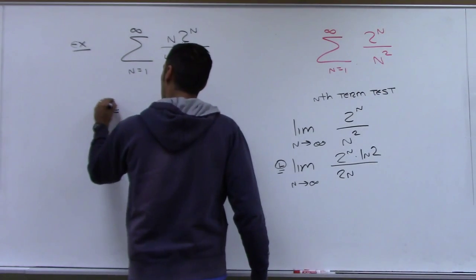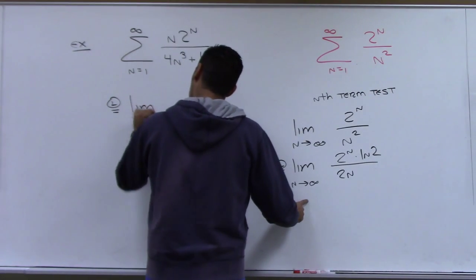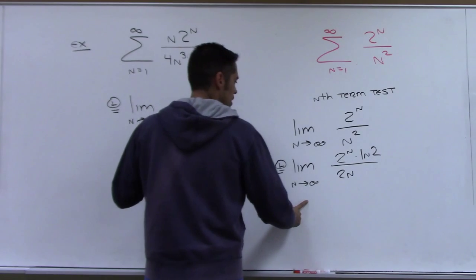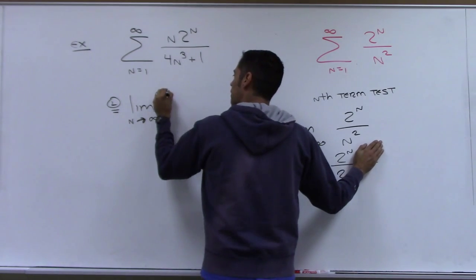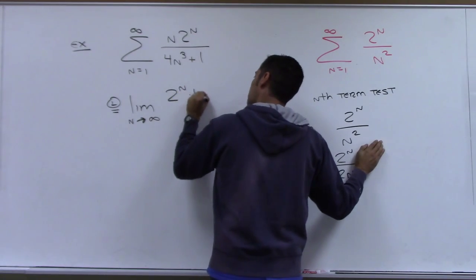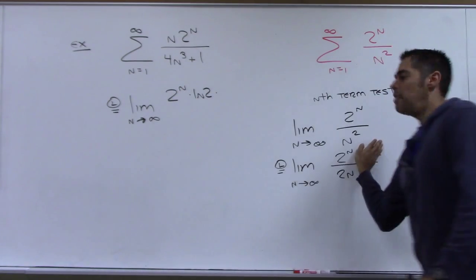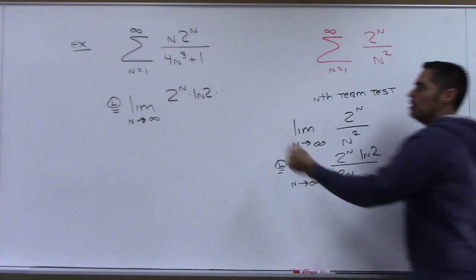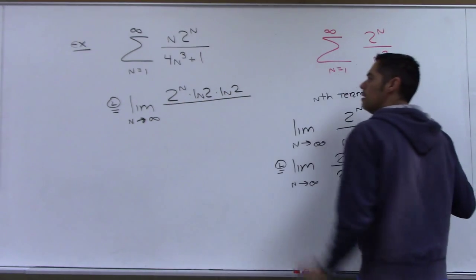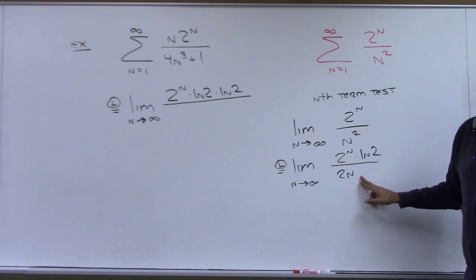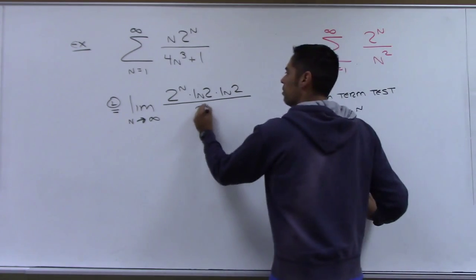So another L'Hopital, limit as n goes to infinity. Natural log of 2 is a constant, so I'm going to ignore it. Derivative of 2 to the n is 2 to the n ln2, but then I still had an ln2. And on the bottom, derivative of 2n is just 2.